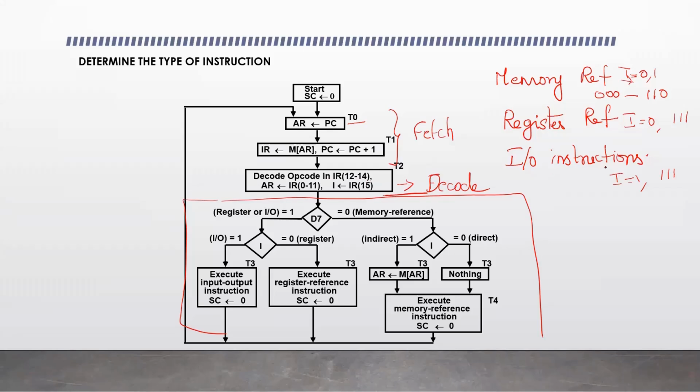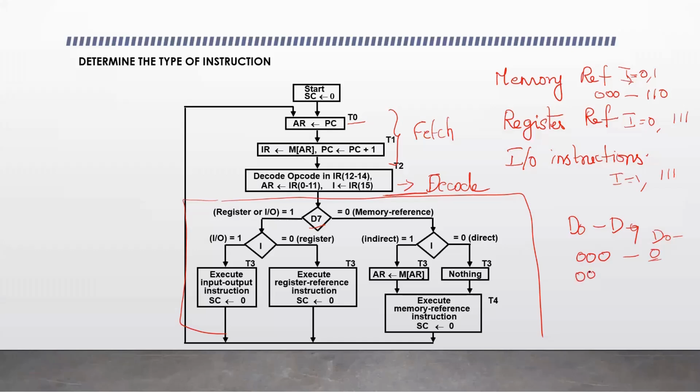For that we check this D7. The decoder output is from D0 to D7. What is D0? When the opcode inputs are 0, 0, 0, it is D0, representing one particular operation.